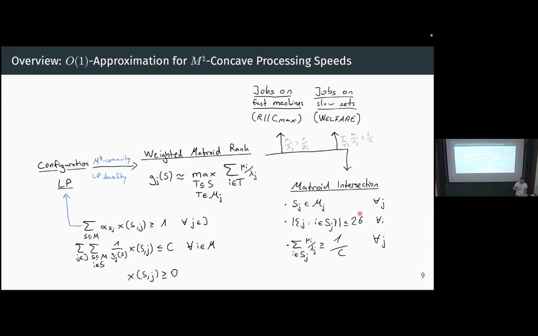It's not yet trivial to solve this, but in this simple case, importantly, every machine will only participate in a constant number of assignments. Not in terms of the number in the support, but if you sum up the x_S variables, then these will be bounded by a constant, by 26 it happens to be. And still every job will receive enough weight.